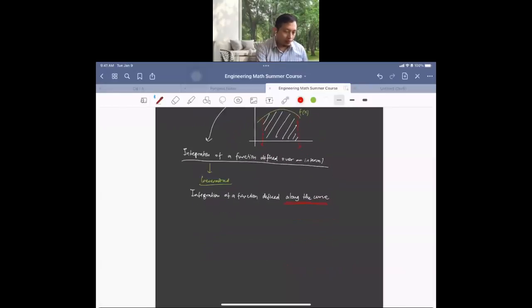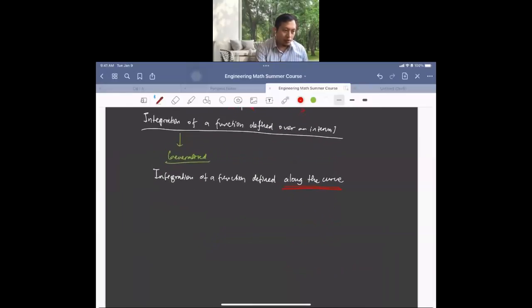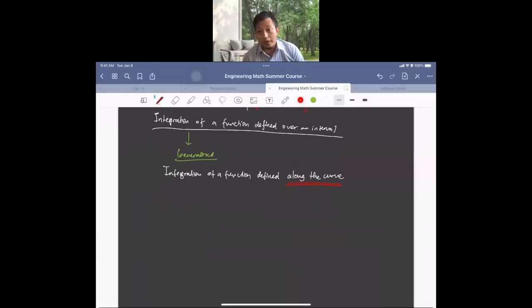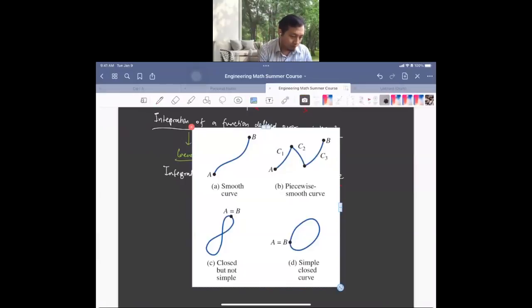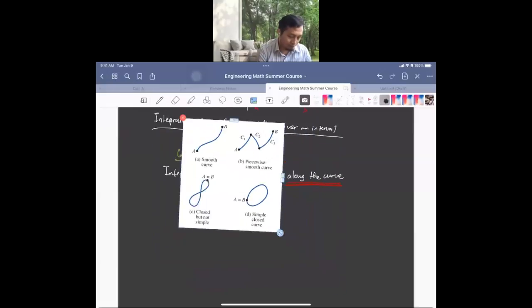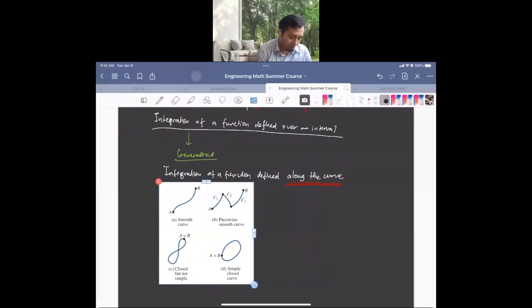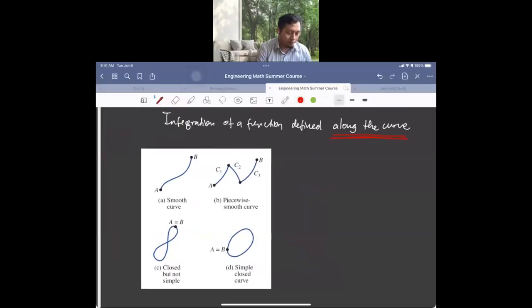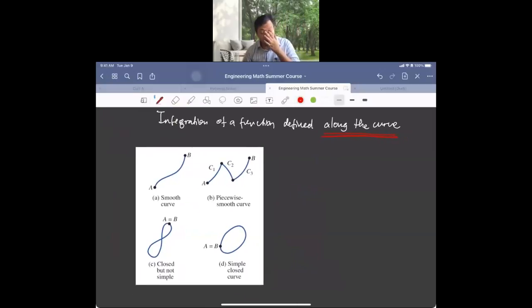To give you an idea, let me give you a picture of what kind of curves we might have. We have four conditions. We have a smooth curve, which is practically just a curvy line.